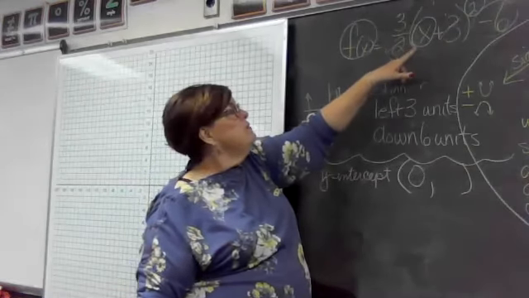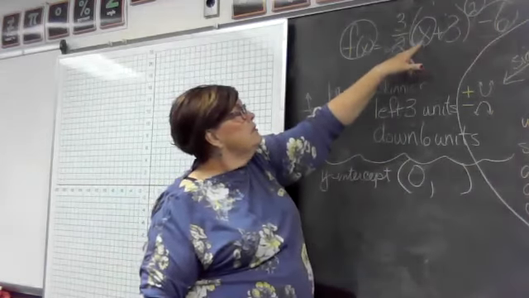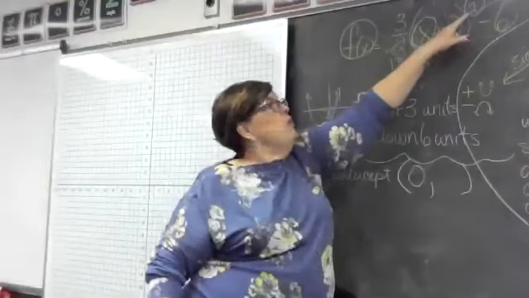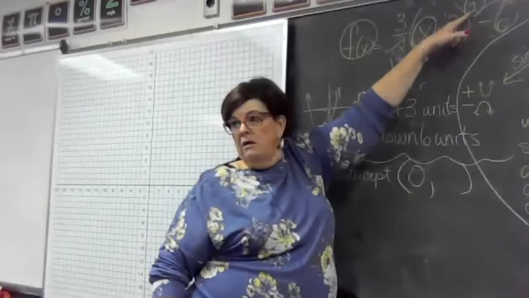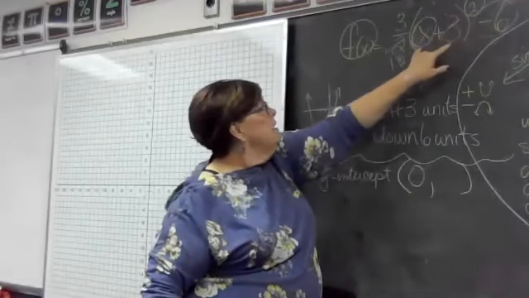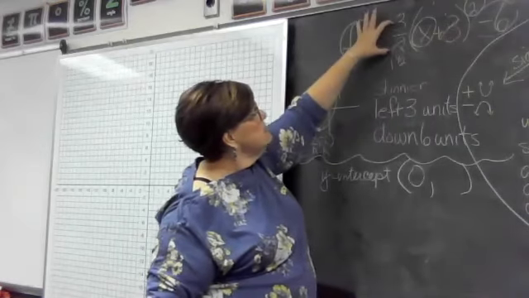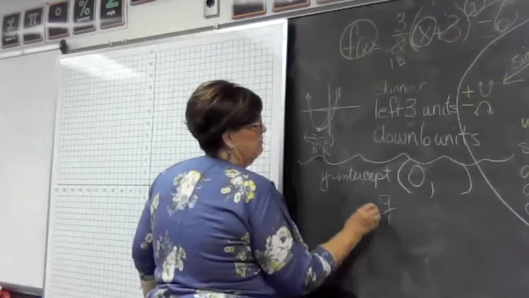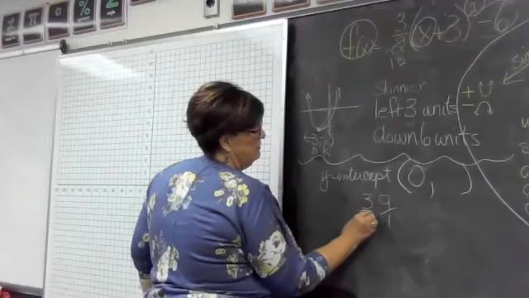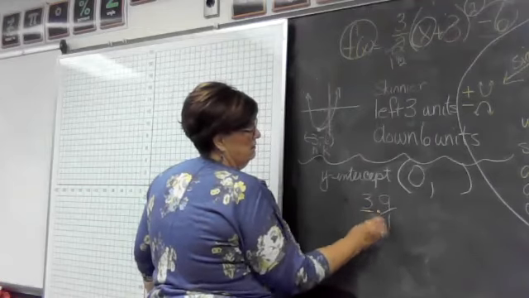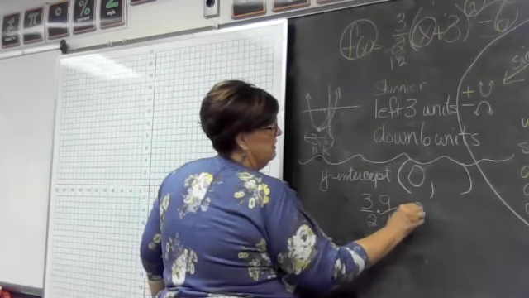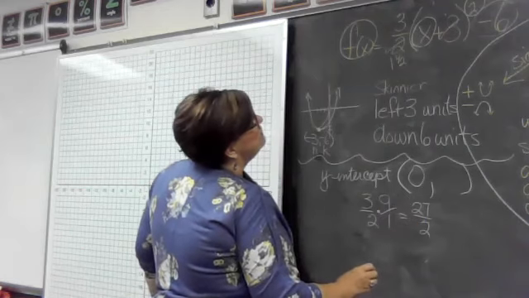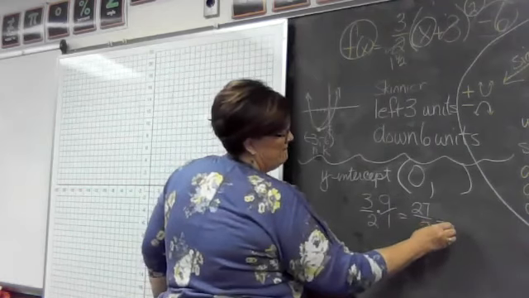If you plug 0 in right here, 0 plus 3 is 3. 3 squared is 9. 9 times this, 9 over 1 times 3 halves, equals 27 halves, and minus 6.